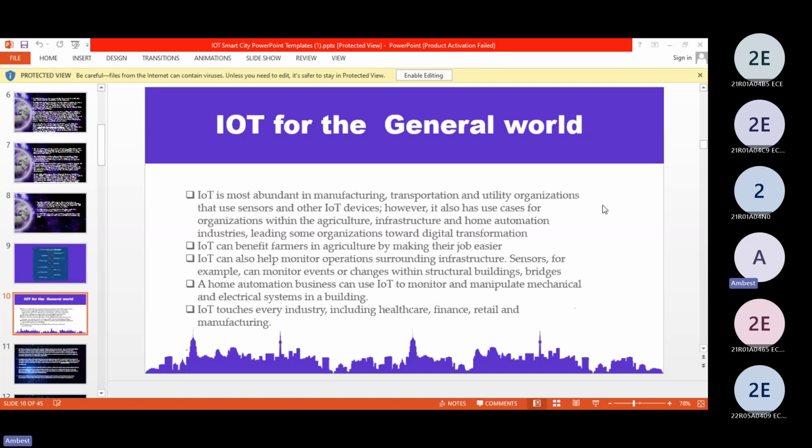In that way, it enhances the manufacturing and industrial processes. These devices work together to provide data collection, exchange, and analysis.